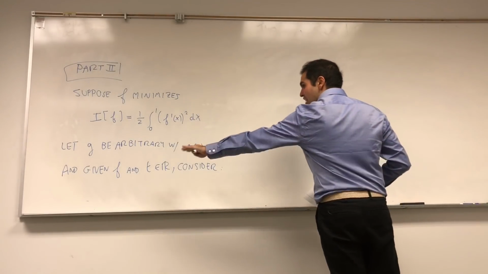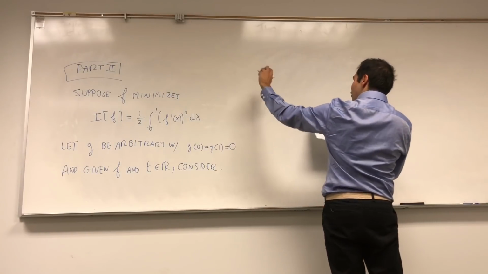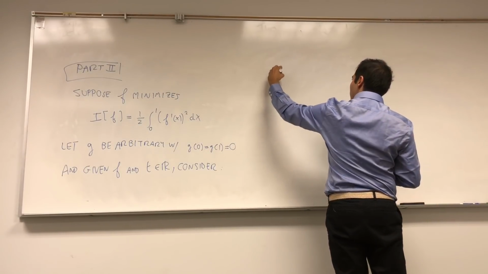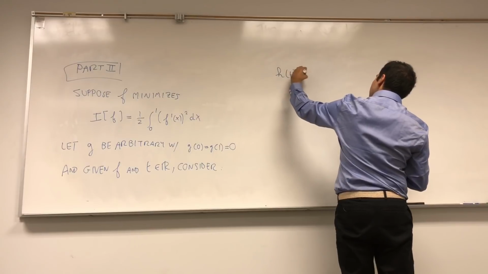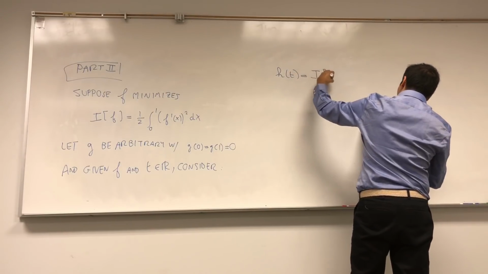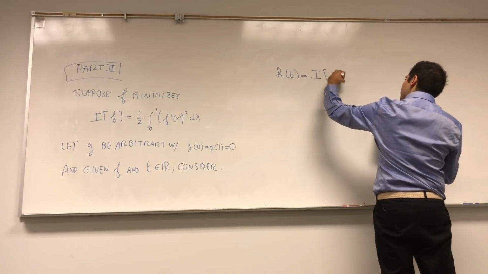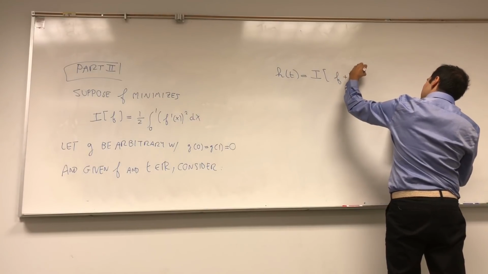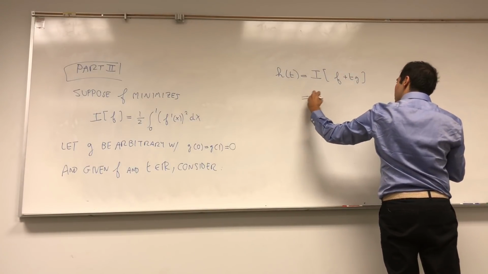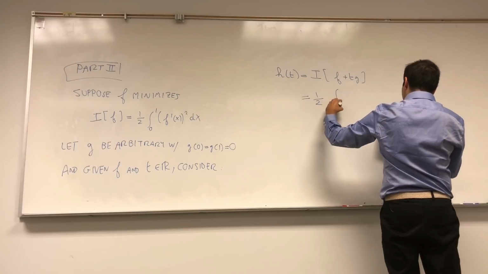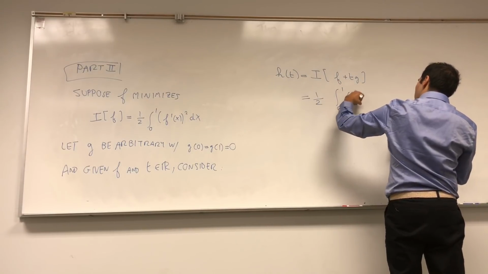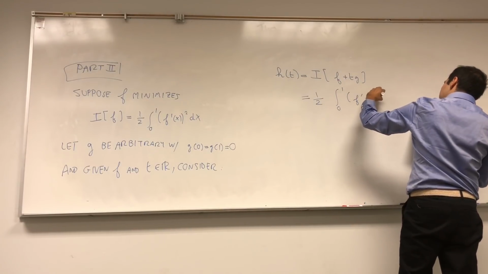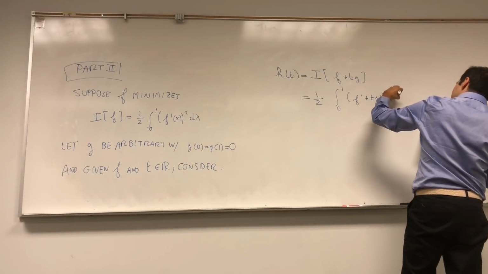Because if you have f and t, consider the following single variable function. H of t, which is the energy of f plus tg. Which is, if you want, 1/2 of the integral of (f prime plus t g prime) squared dx.